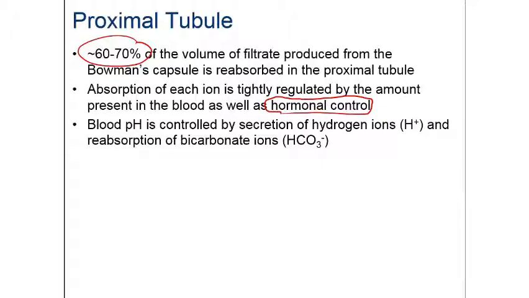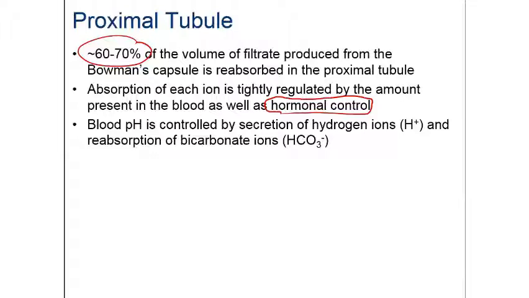Let's say you already load up on calcium, right? Then maybe you don't need to take as much back, right, from your filtrate, and you can just pee them out. Other times, if you are low in potassium, for example, right, then you might want to take more back at the proximal tubule. So the exact amount is going to be usually dependent on how much is already in the blood, and it's regulated by hormone.